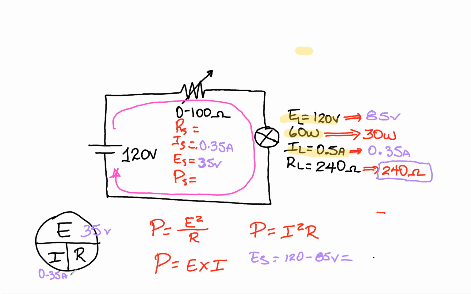So that means I can find my resistance. I take my 35 volts and divide it by my 0.35, and that would be equal to what? Is that correct? That would be equal to 100 ohms.